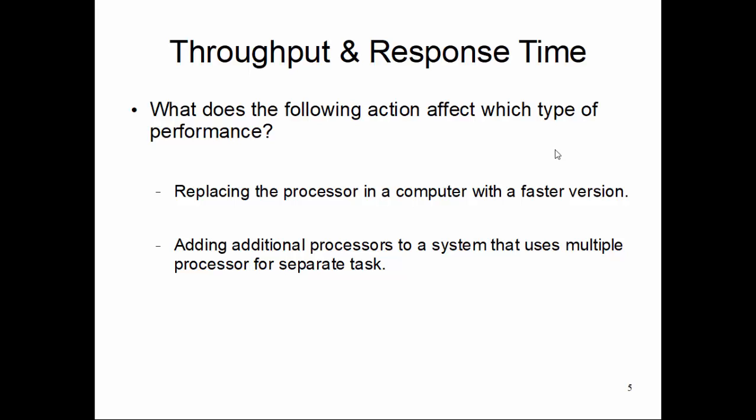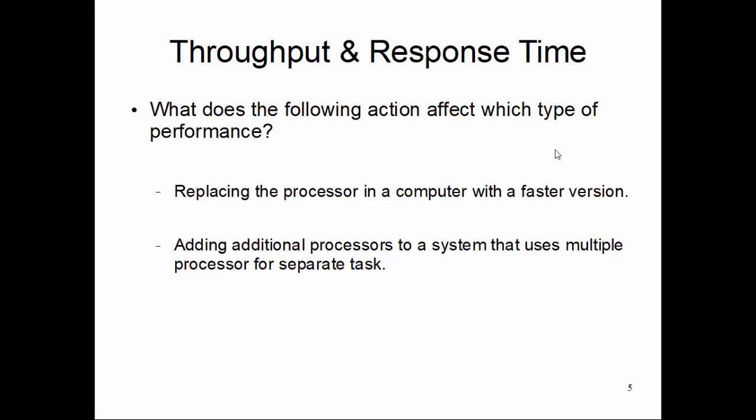Where we'll prove that if we increase the processor performance by 2x, like from a 1 gigahertz processor to a 2 gigahertz processor, we cannot expect that all programs will run twice as fast. But anyway, the general feeling is that it will improve the response time.